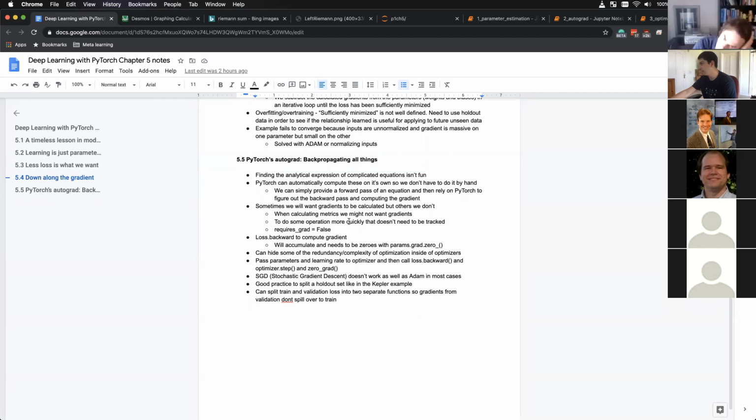Going back to the notes, we talked about this. Sometimes you want to turn the gradient calculation off, so you can directly say, don't calculate the gradient for this specific tensor, whether that be weights or something else. But you can also do that with a wrapper like we saw in the code.